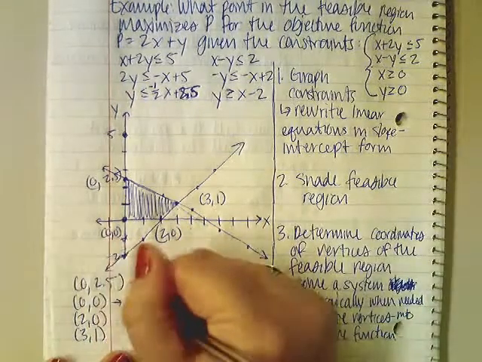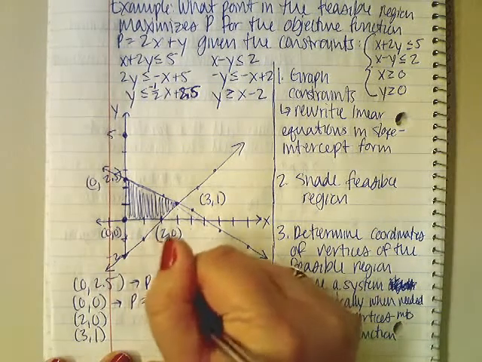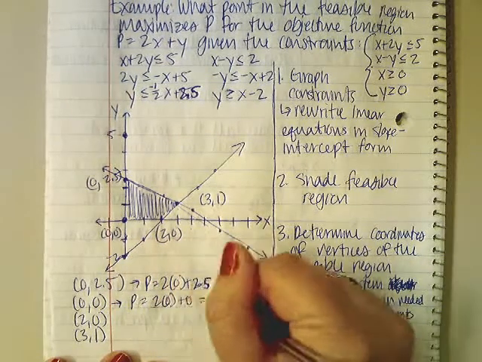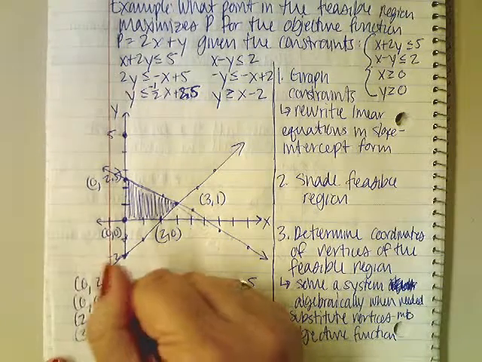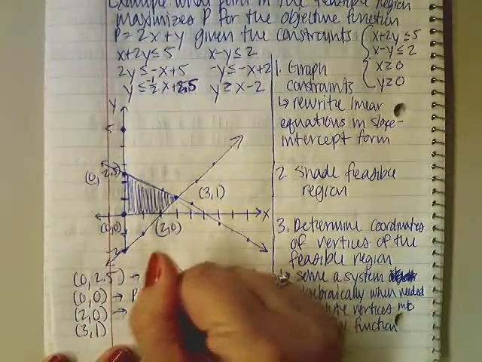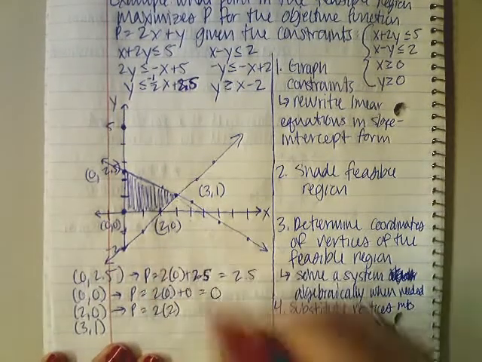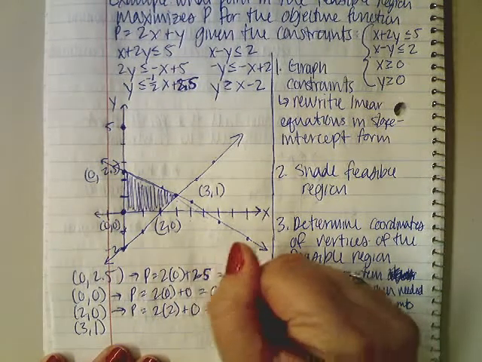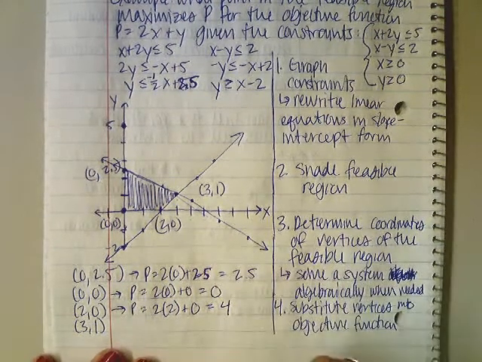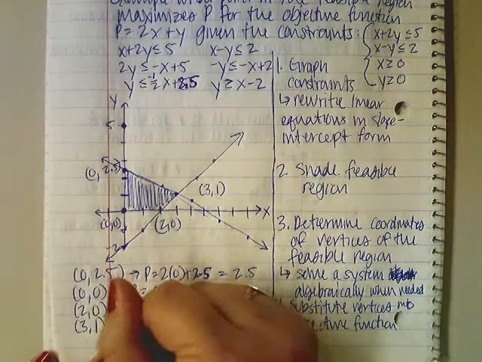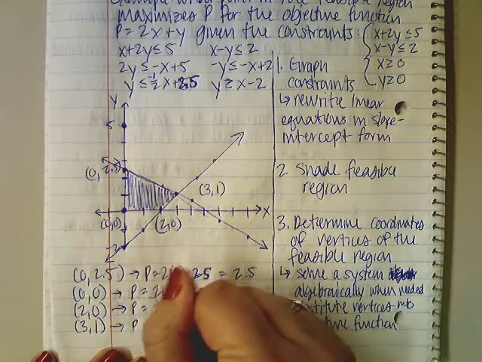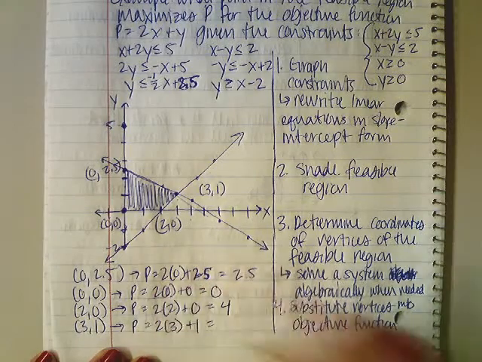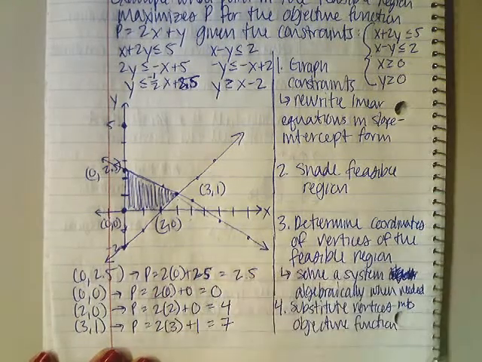Here I plug in 0, 0, and I get p is equal to 2 times 0 plus 0, which is just 0. If I plug in 2, 0, I get p is equal to 2 times 2 plus 0, which is equal to 4. And last but not least, I plug in 3, 1: 2 times 3 plus 1, which is equal to 6 plus 1, which is 7.